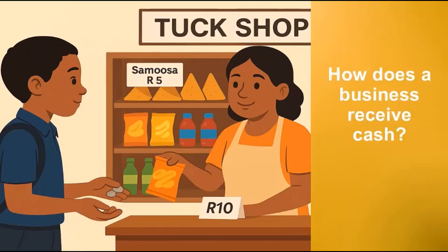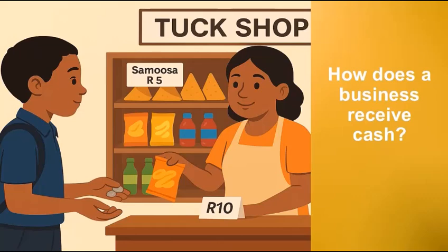So businesses receive cash in different ways. A debit card payment is when you swipe or tap your debit card and the money goes straight from your bank account into the business's bank account.